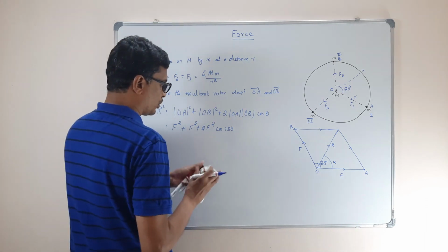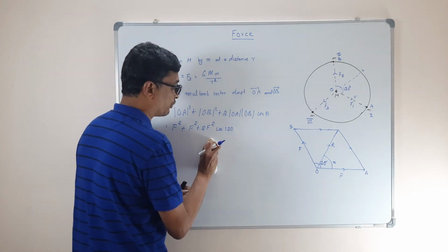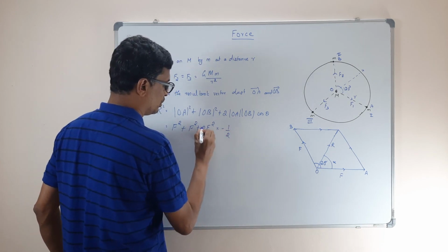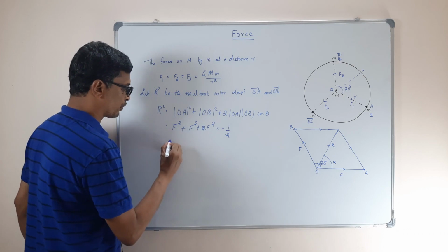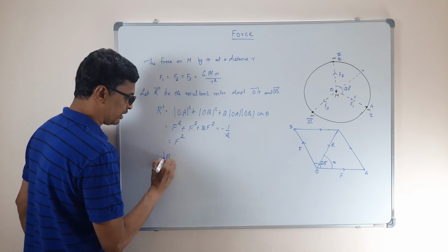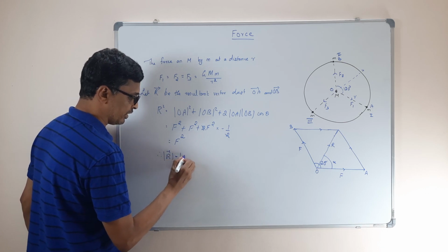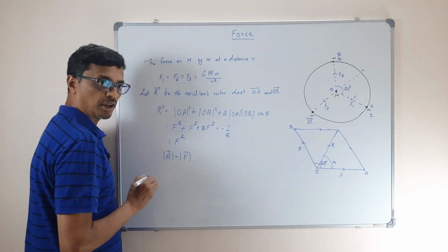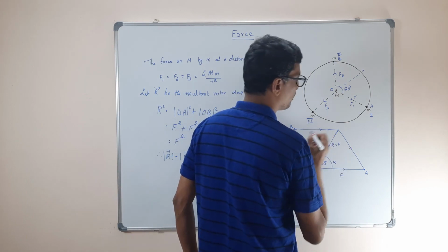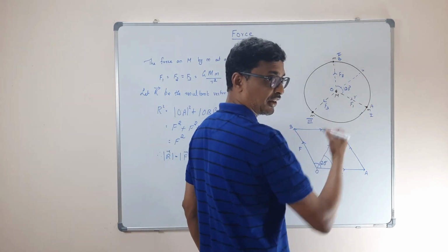So this is into minus 1 by 2. This goes off, so minus F square, this will be F square. Therefore, R will be F. So the magnitude of this vector is going to be F. This way you are getting the vector in this direction.